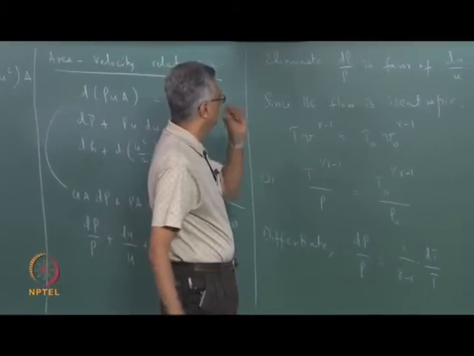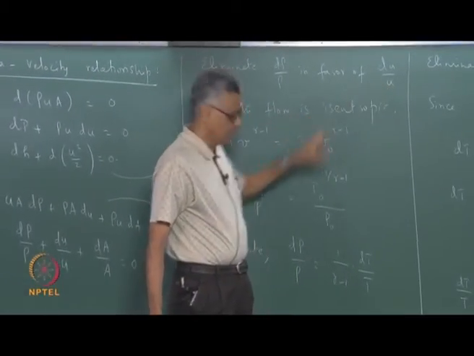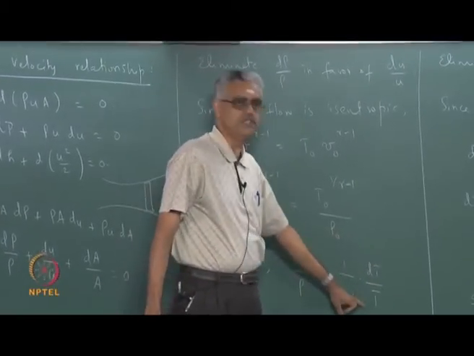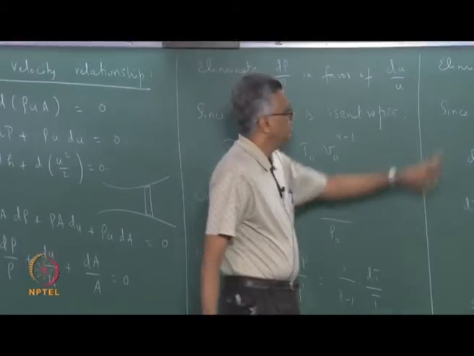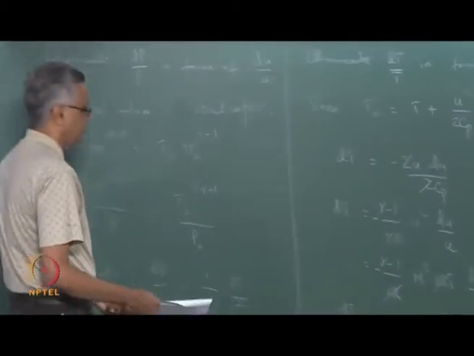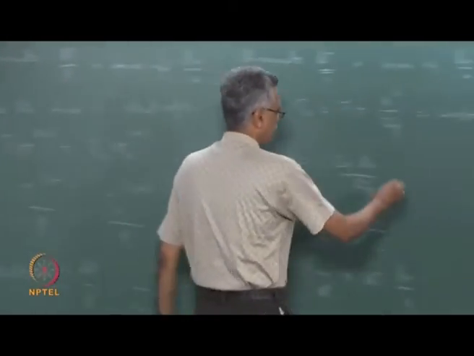I wanted to eliminate d rho over rho in favor of du over u. So, here I expressed d rho over rho in terms of dT over T, and then I have now eliminated dT over T in terms of du over u, so that I finally end up with an expression for d rho over rho.